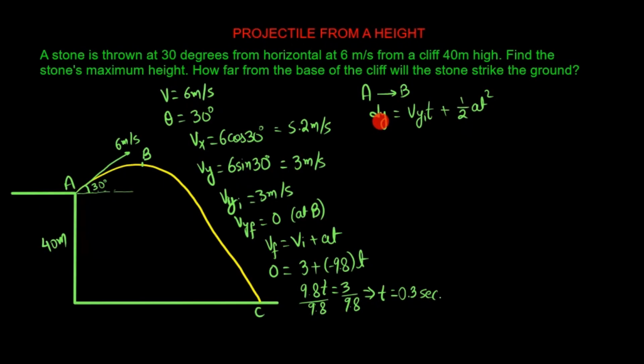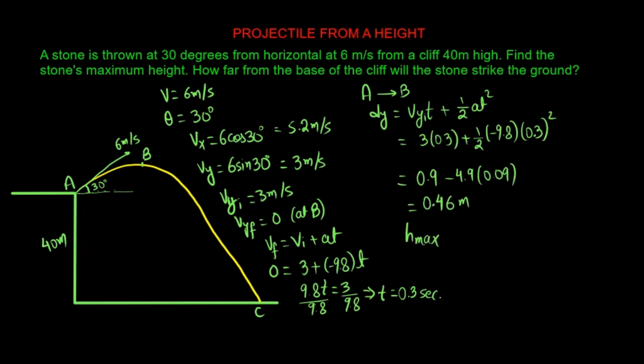Displacement in y, that's what we are trying to calculate. We plug in the numbers, and this is our first line. Use the calculator to solve. It should be pretty straightforward. We get 0.46 meters. So the height from A to B is 0.46 meters, this height.